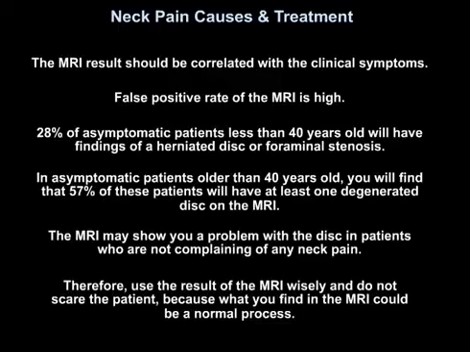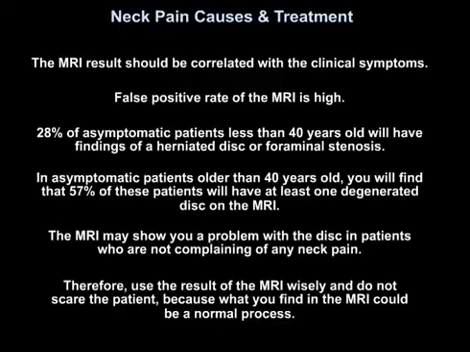28% of asymptomatic patients less than 40 years old will have findings of a herniated disc or foraminal stenosis. In asymptomatic patients older than 40 years old, you will find that 57% of these patients will have at least one degenerated disc on the MRI.